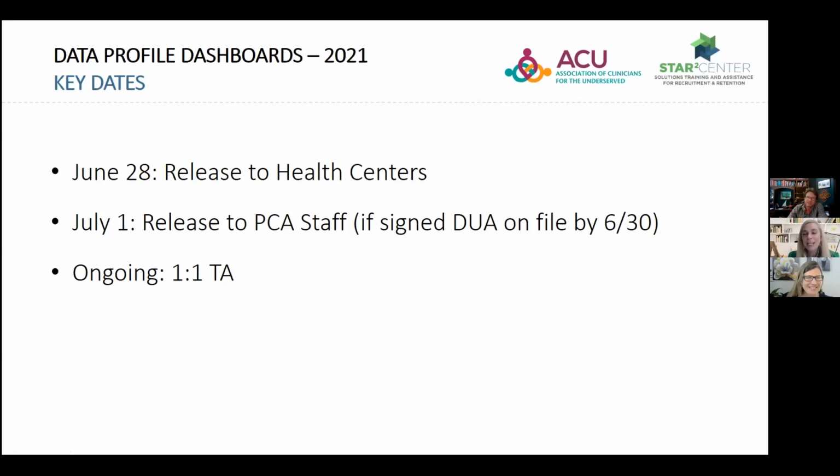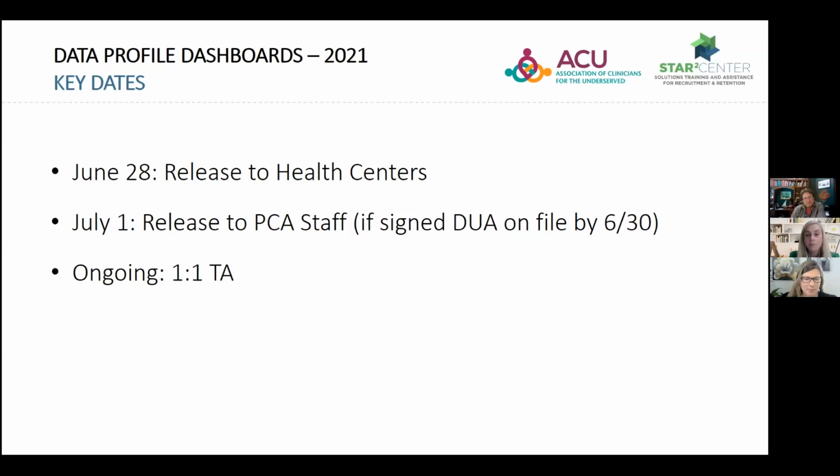While you're thinking of questions, I just wanted to do a couple of reminders as far as the timeline goes. On Monday, the health center CEOs or executive directors will receive an email from the Star Center that gives login information and is a reminder that these have been released.